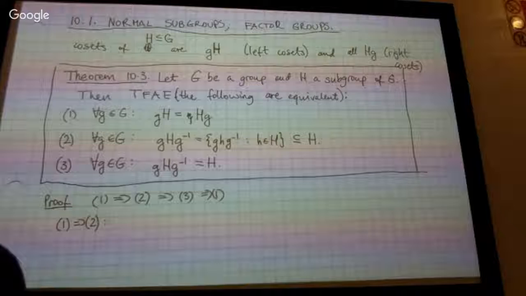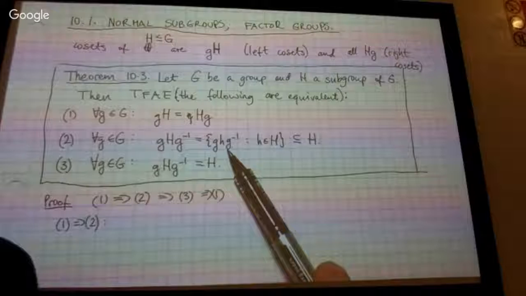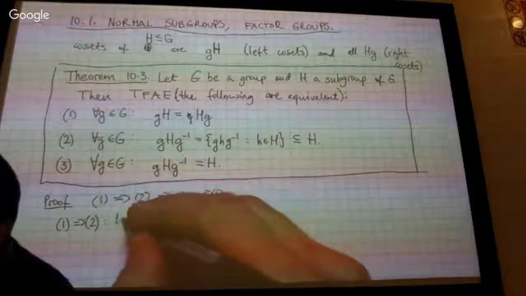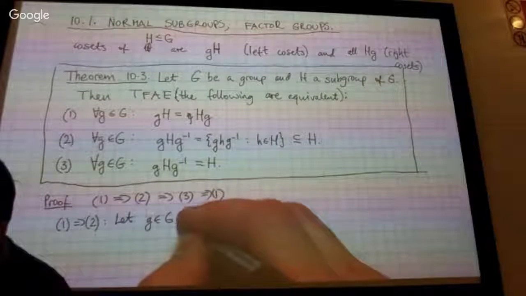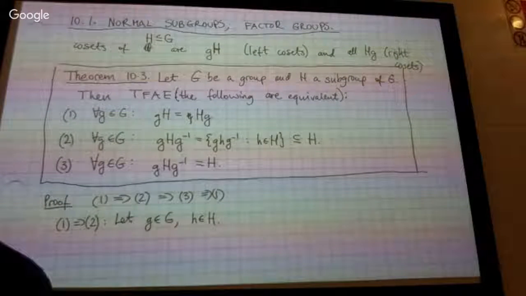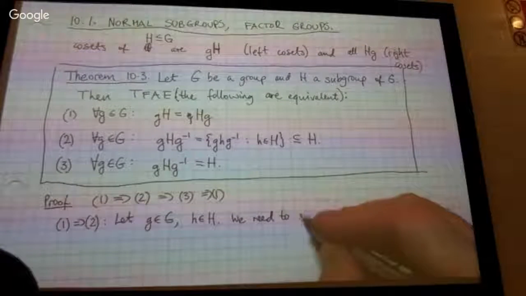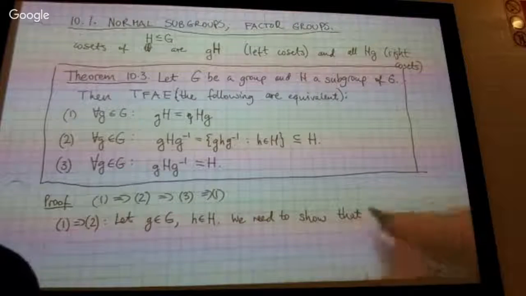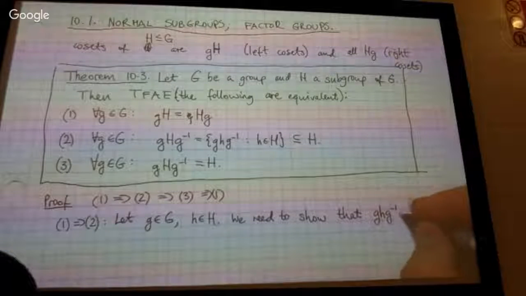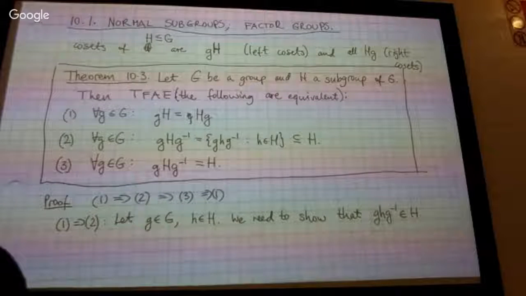We're trying to prove that any element of this form, gHg inverse, is in H. Okay, so let g be any element of G, and h be any element of H. And so what we need is that ghg inverse is in H. That's what 2 states.